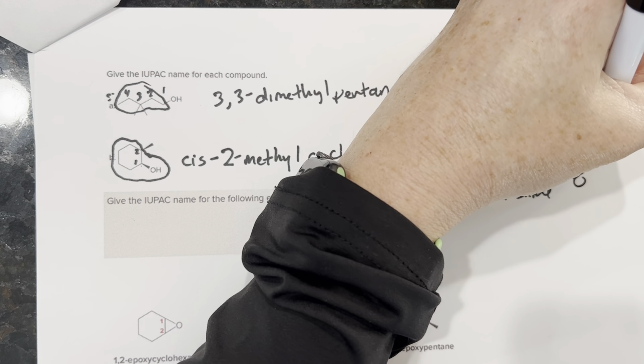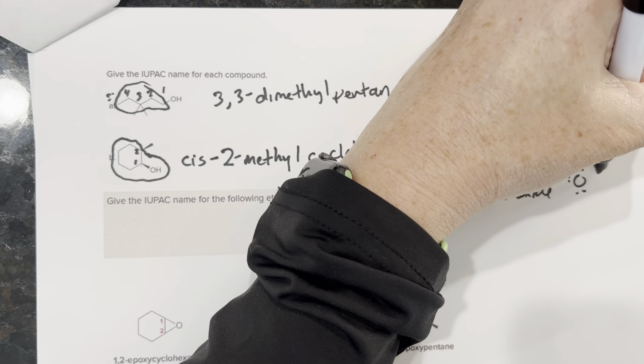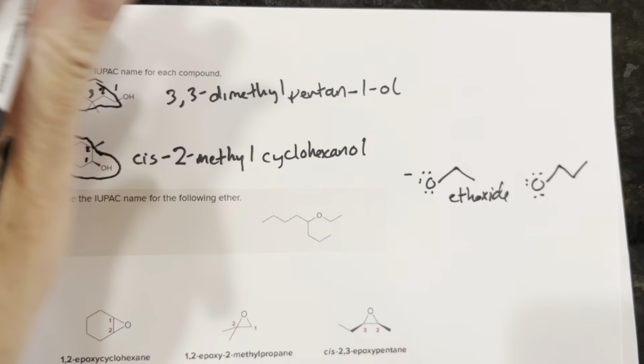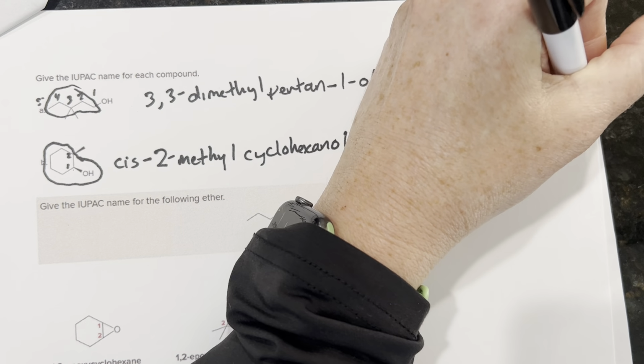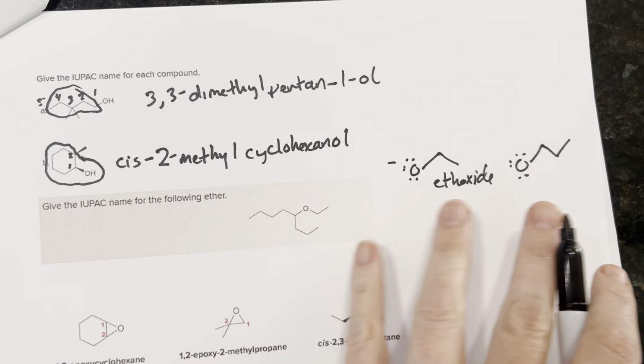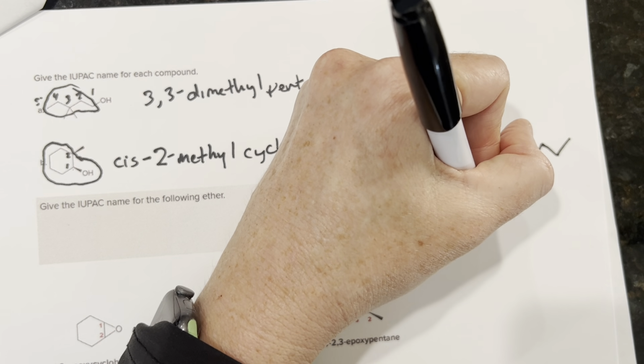When we had something with 3, we were calling that propyl oxide. And we even had the tert-butoxide, I don't know if you remember that.